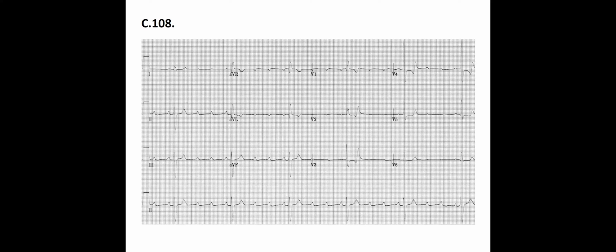I'd like to highlight based on lead 2, because it shows most of it. And I'd like to highlight 3 points. First, as we can see, it's rhythmic, but it's abnormally bradycardic, because I see mostly 4-to-1 conduction.